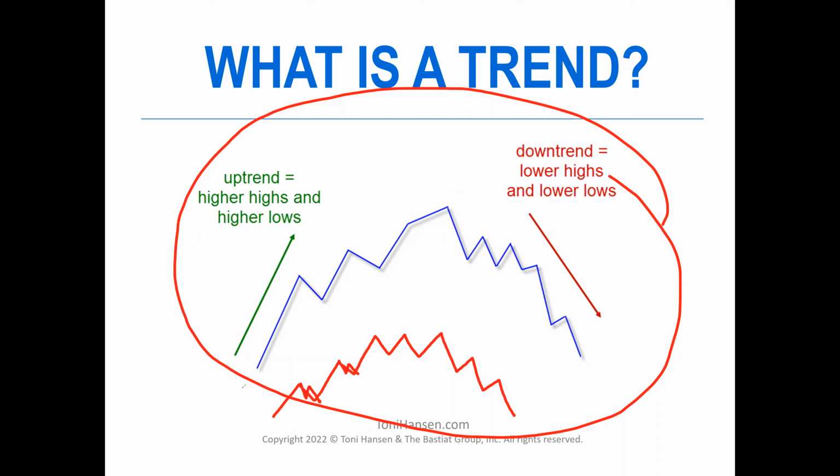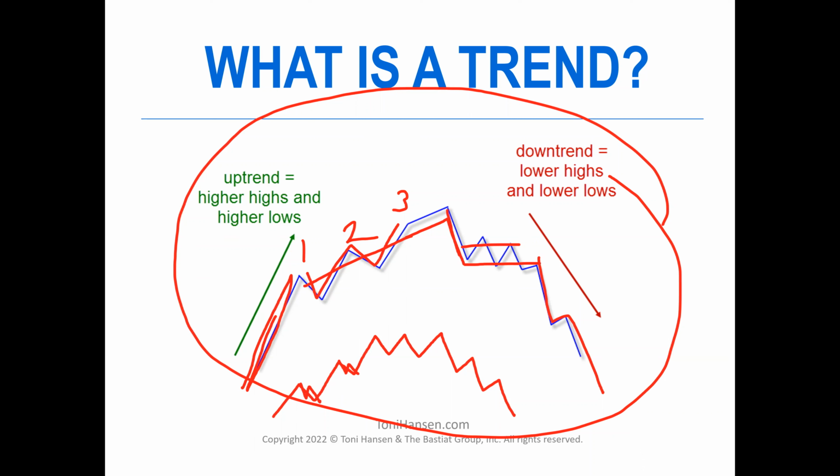We have the really strong impulse move, then 3 smaller moves on the upside, shifting momentum, stronger movement down, another zone of congestion, and then a stronger breakdown. You're going to see this exact formation in a trend playing out over and over again.